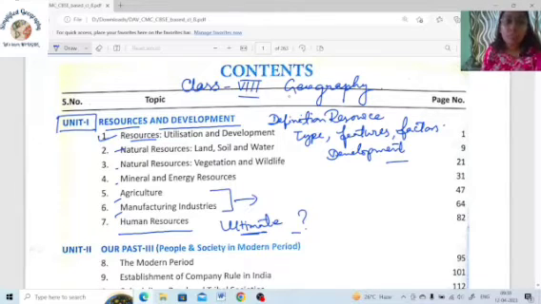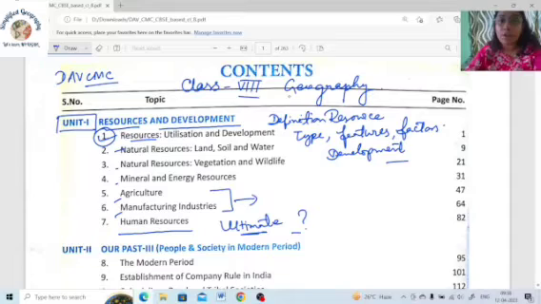For the first chapter, for your information, I am using the DAV CMC book for Class 8. DAVs are widely spread in North India mostly, and they basically follow the CBSE curriculum. Up to Class 8 they have their own set of DAV CMC textbooks, and from Class 9 onwards they use NCERT books.